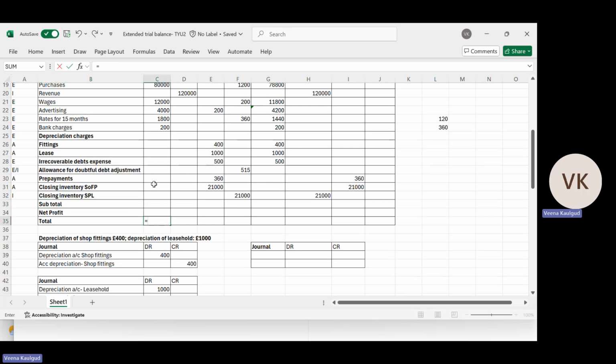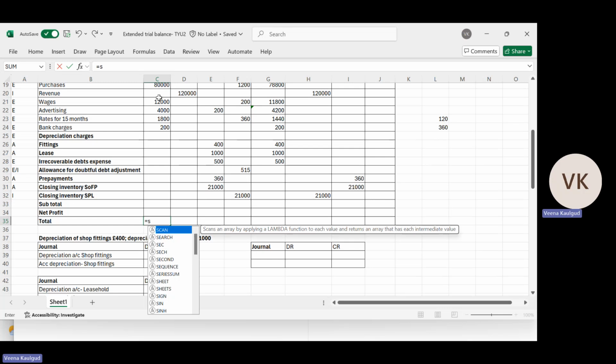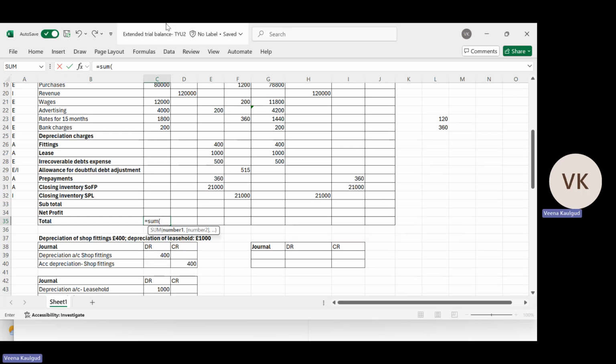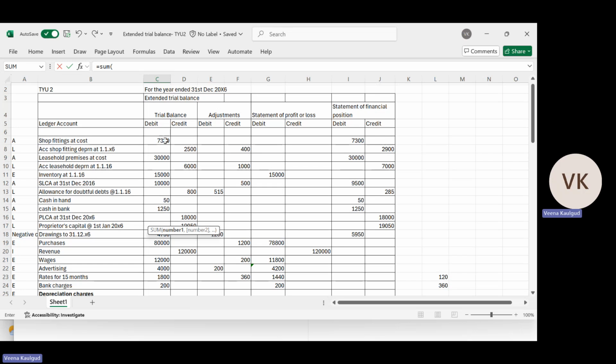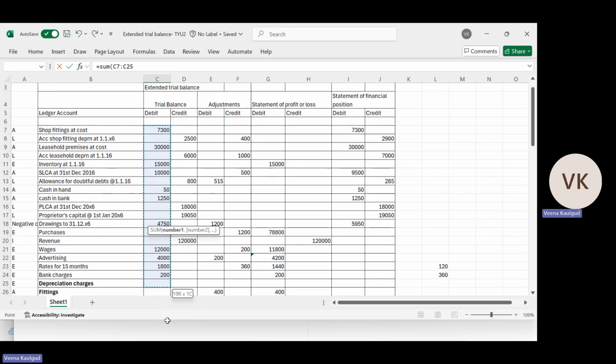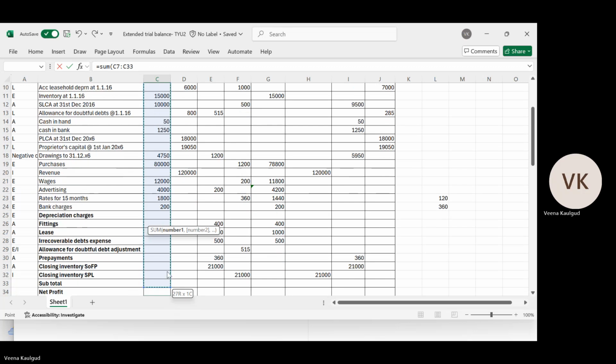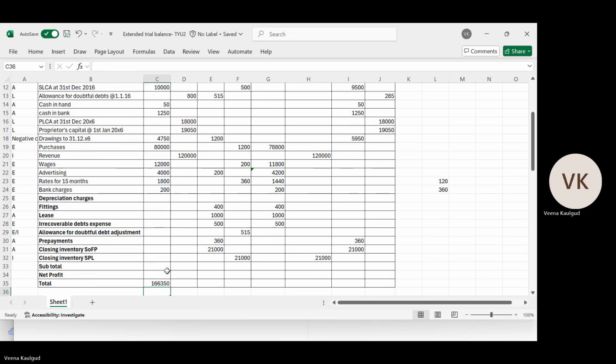So equals sum of. What I'm going to do is add all the numbers starting from here, the entire column, till here, close the bracket.